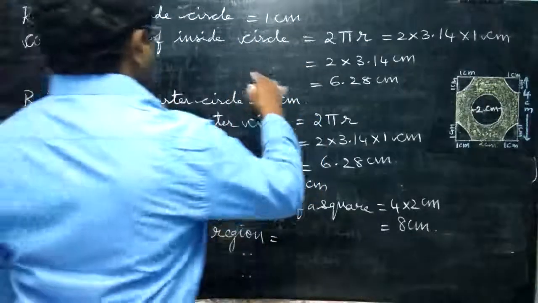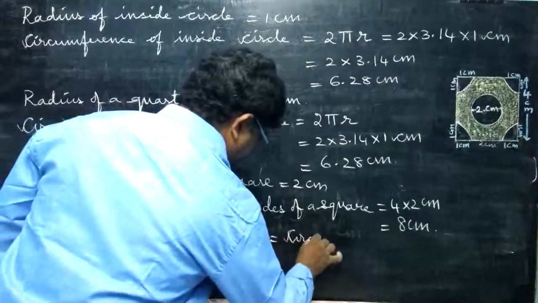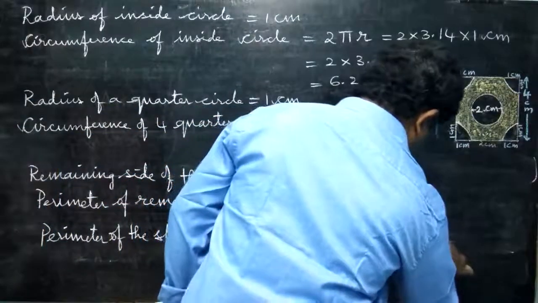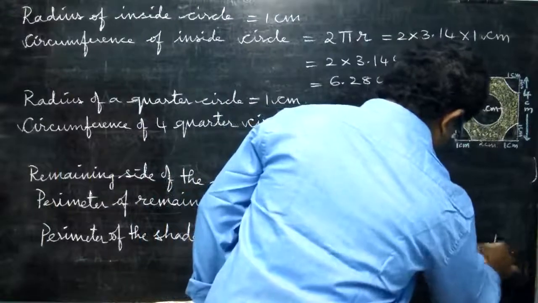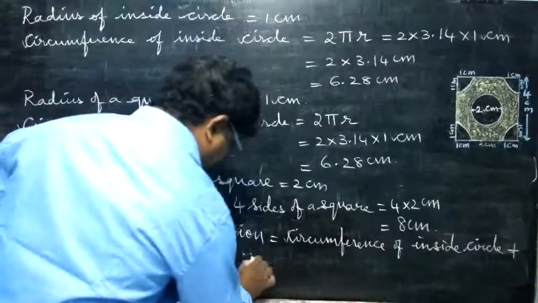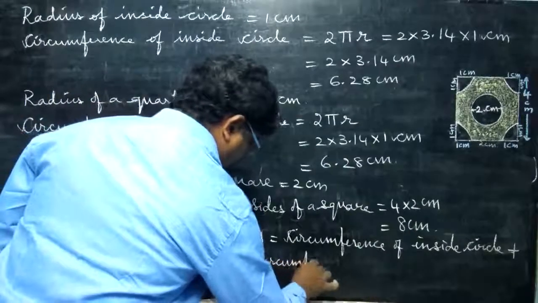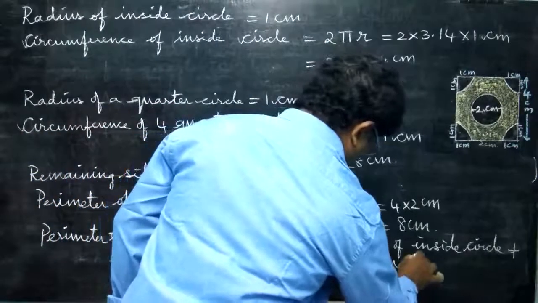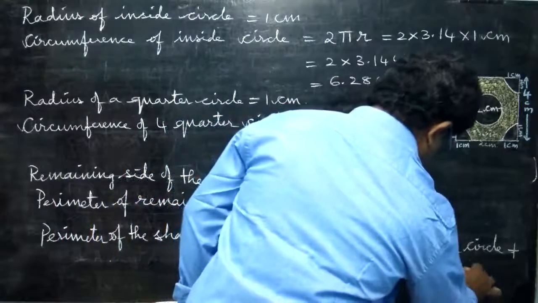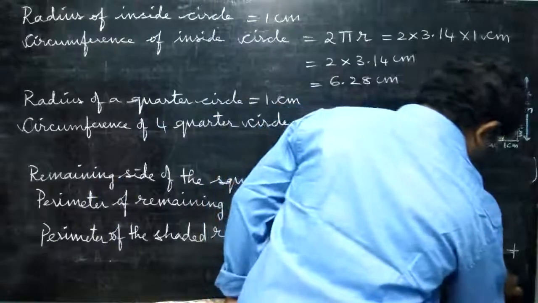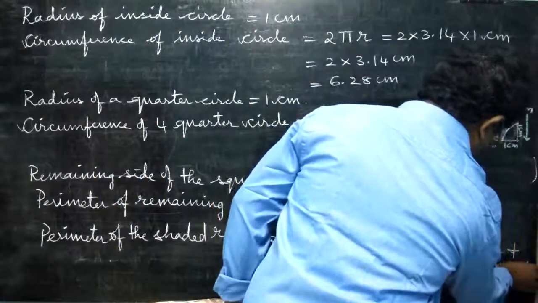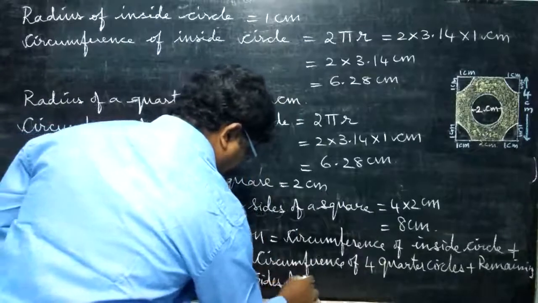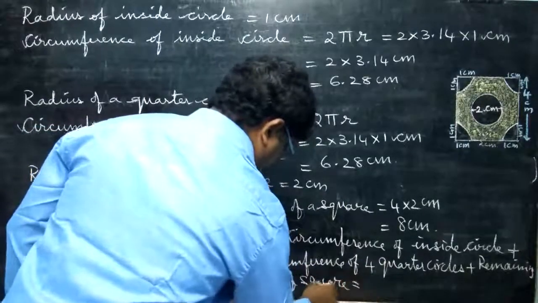The circumference of the inside circle plus the circumference of the four quarter circles plus the remaining sides of the square. Now add carefully.